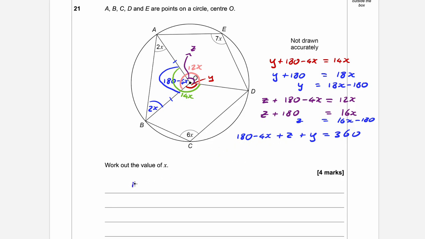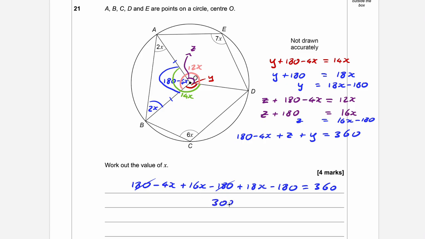So I'll have 180 minus 4x plus z, which is plus 16x minus 180, plus y, which is plus 18x minus 180, and this equals 360. Okay, 180 minus 180 cancels. 16 plus 18 is 34, minus 4 is 30.